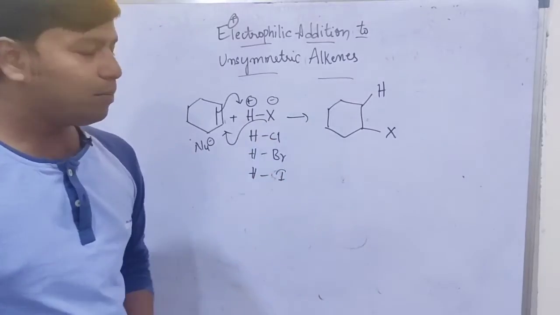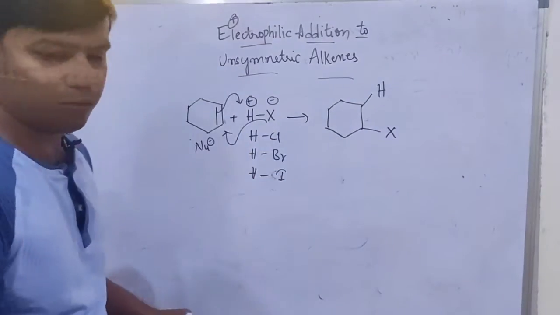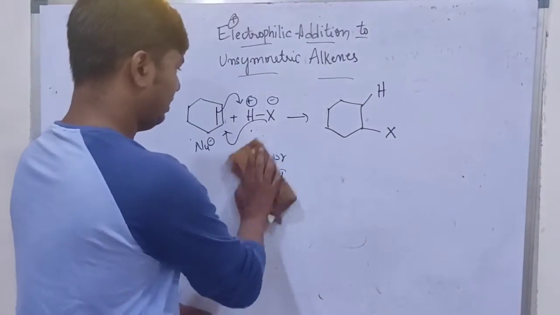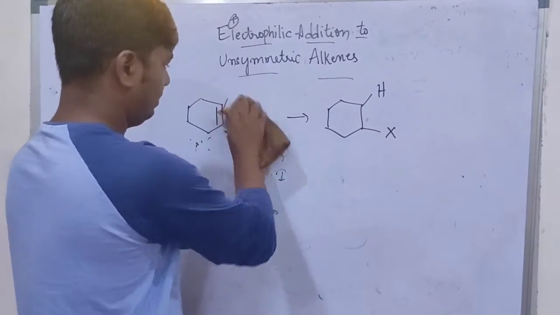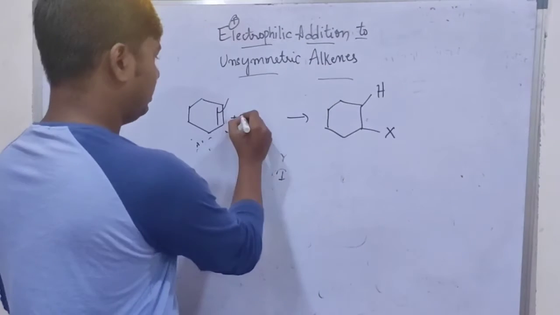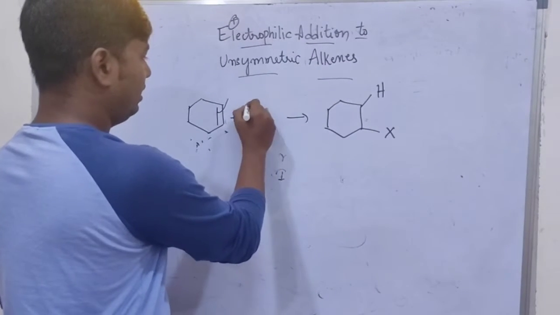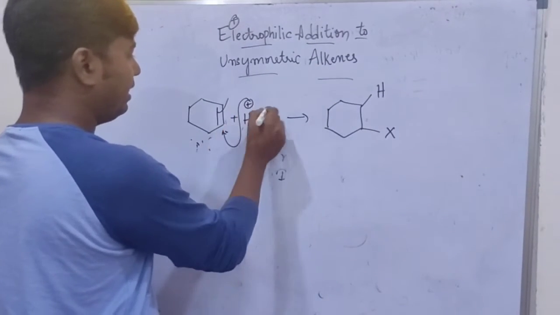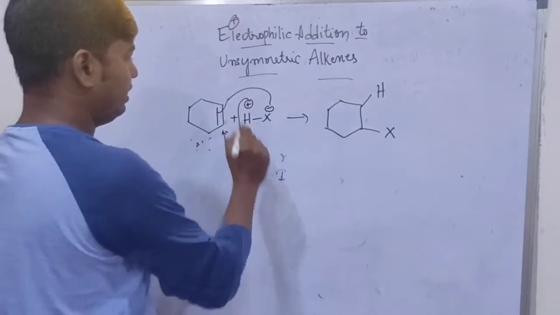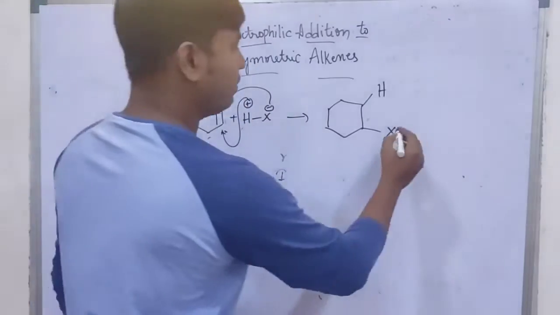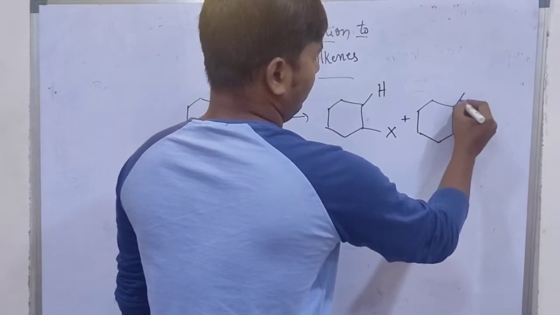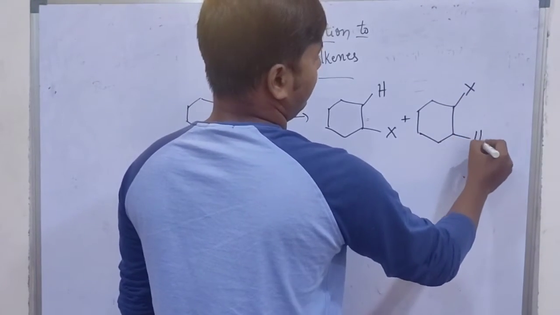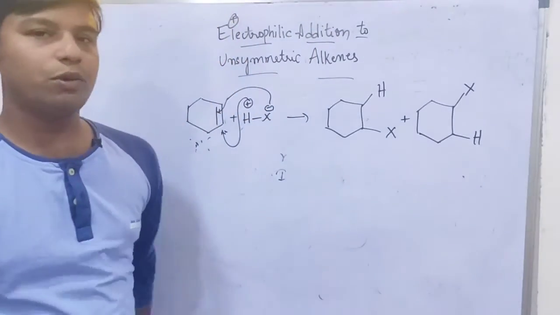There is another possibility: the same HX, H plus will attack here and X minus is going to attack here, and the product formed has X here and H here. So these are the two products formed.